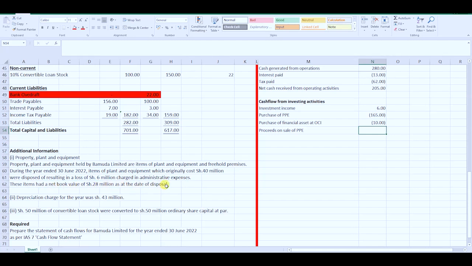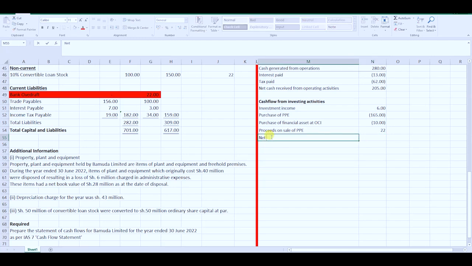These items had a net book value of 28 million as at the date of disposal. So this is very important, because the difference between the net book value and the loss here will give us the proceeds on sale of PPE. So we select plus 28 million, then we subtract the 6 million, which represented a loss, and we get proceeds on sale of 22. Now we can get the net cash used in investing activities.